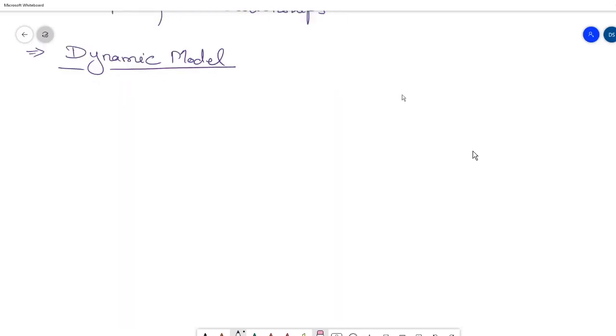By the name itself we can understand that things are not stable, they are not static, they are changing. So in this, we would be talking about the state of the model, meaning the transaction. Before this transaction, what was the state, and after the transaction, what was the state of an object in the class.